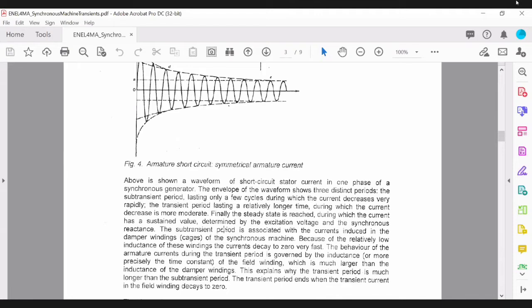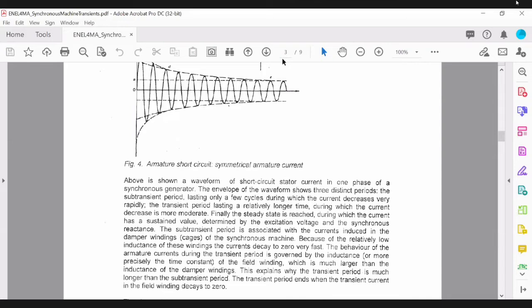Right. So the way that your amplitude is changing is based on the currents that are induced in the stator winding following the fault, and also how the flux in the stator and rotor interact during each of the three different periods.